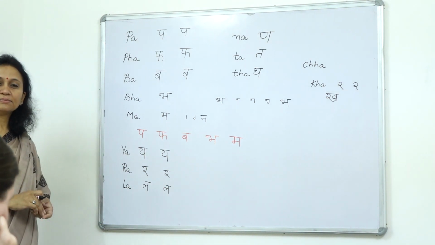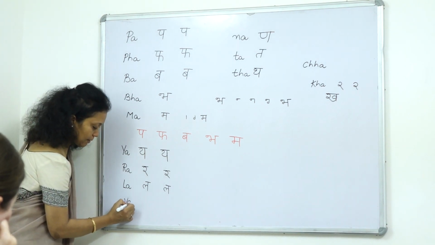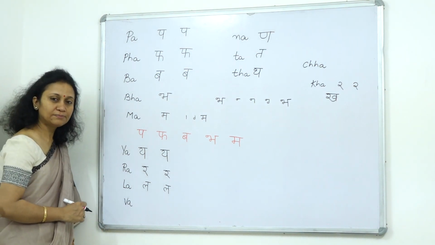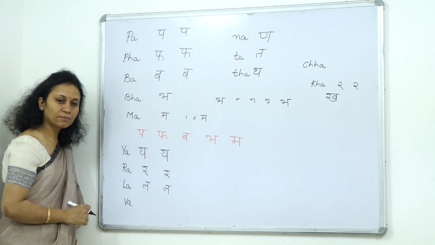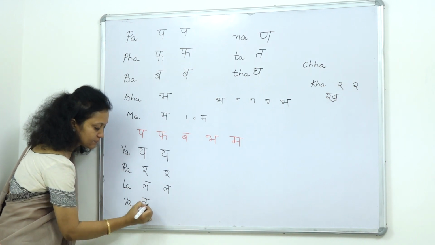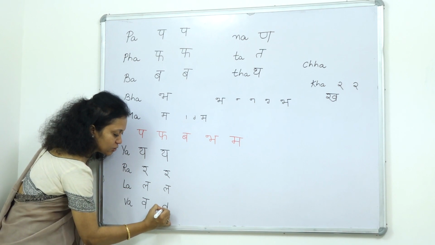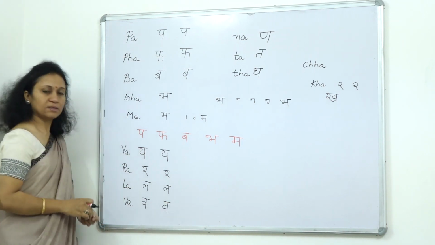That's L. And then you have V. For the V, you have a vertical line and just an oval. That's V.